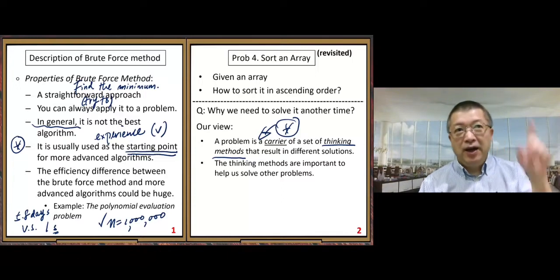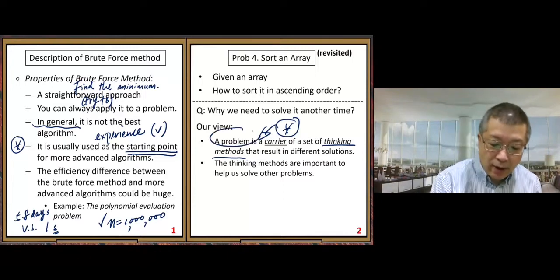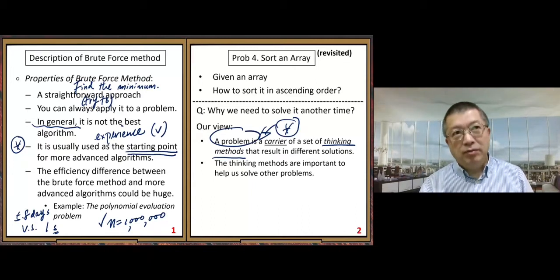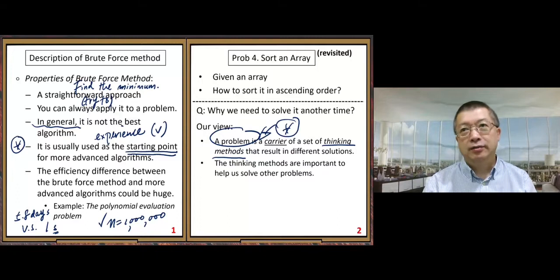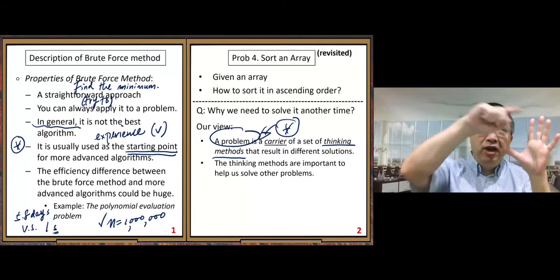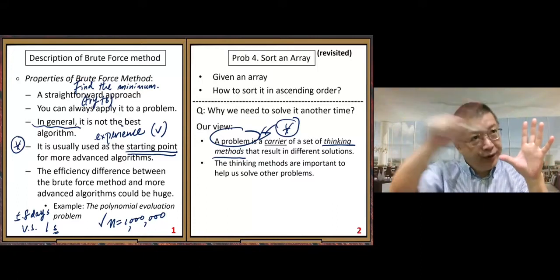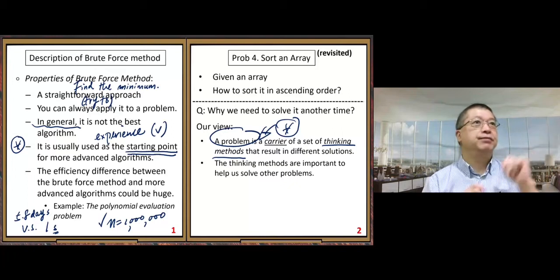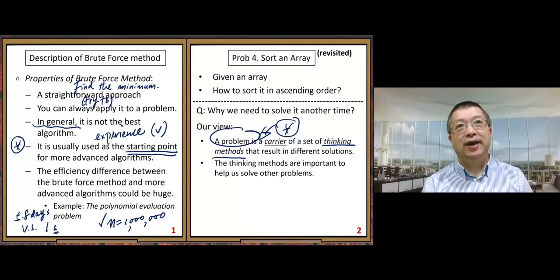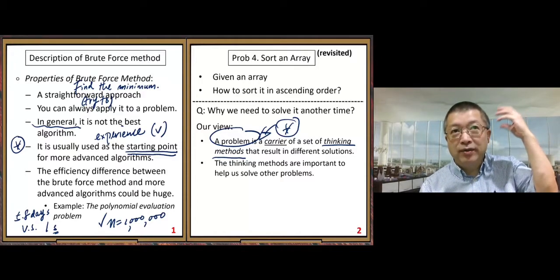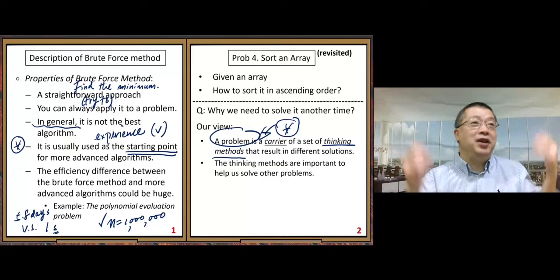Here, a problem is that carrier. Let's imagine a sorting problem. The sorting problem can hold thinking method 1, thinking method 2, 3, 4, 5, 6. So you can put that sorting problem in your mind easily.